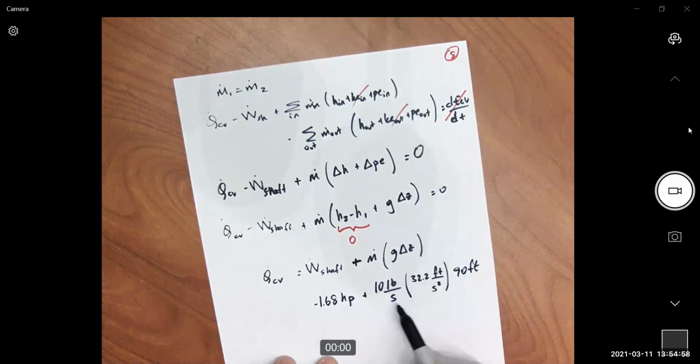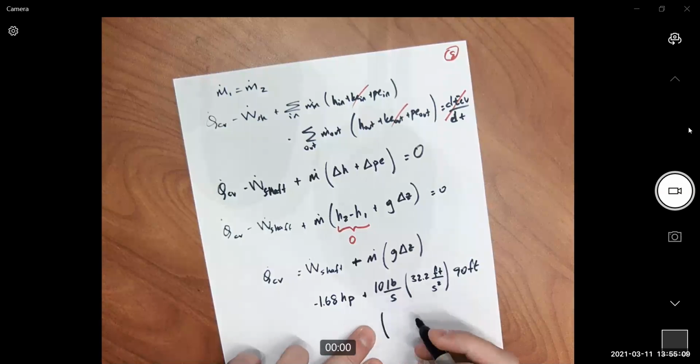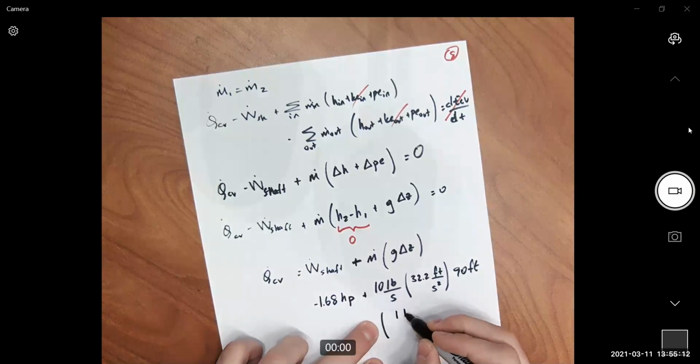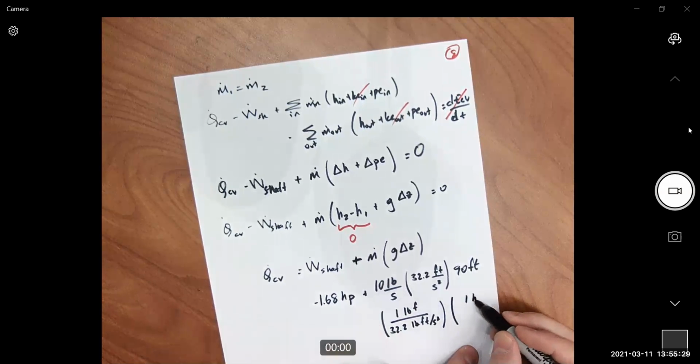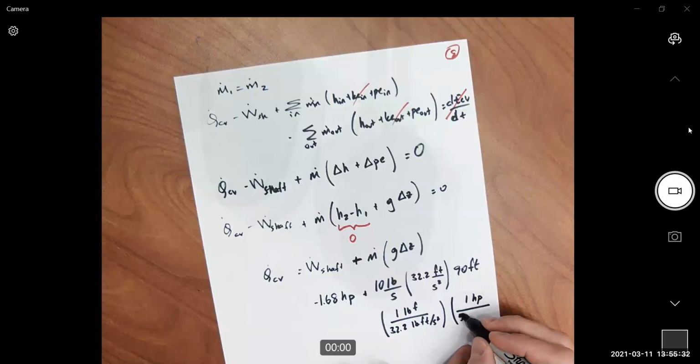But I need to make a unit conversion here to get horsepower. We need 1 pound force equals 32.2 pound feet per second squared. We also need to convert this to horsepower, and 1 horsepower equals 550 feet pound force per second.